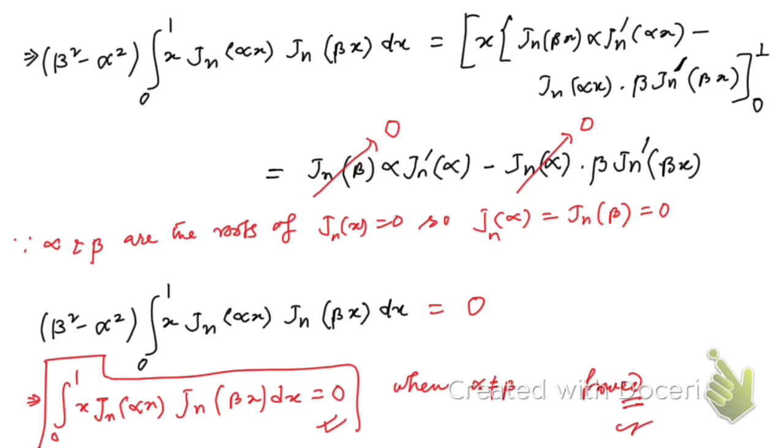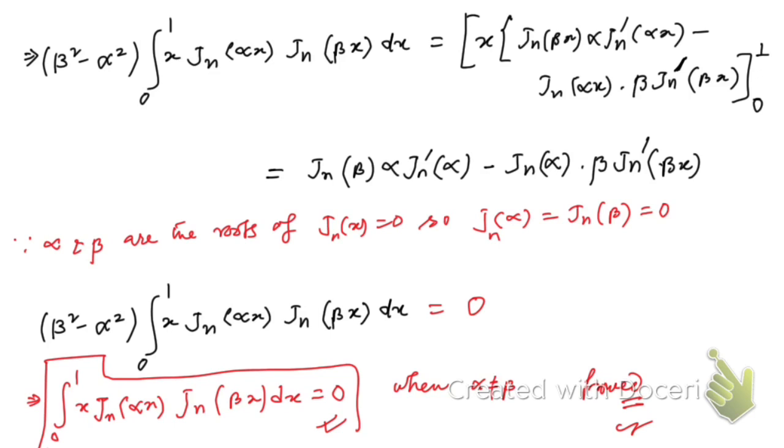Now comes the second condition, that is alpha is equal to beta. For that, let me copy this step and go to the next slide. This can be written this way.